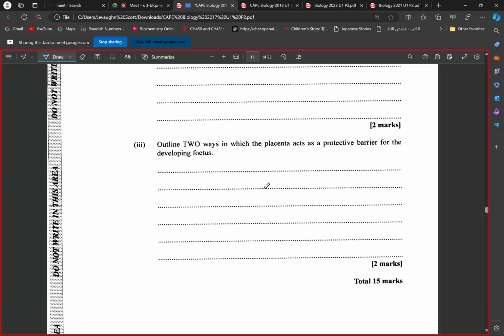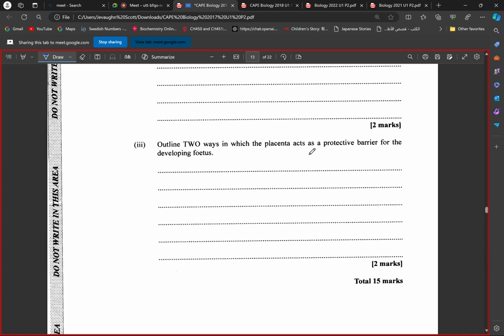Now we're asked to outline two ways in which the placenta acts as a protective barrier for the developing fetus. First of all, the placenta creates a barrier between the maternal blood supply and the fetal blood supply. The placenta doesn't allow certain viral or pathogenic components to pass through into the fetal blood supply.